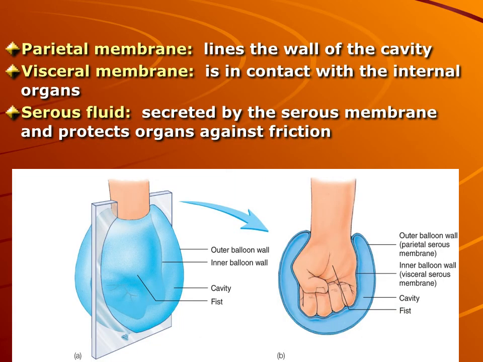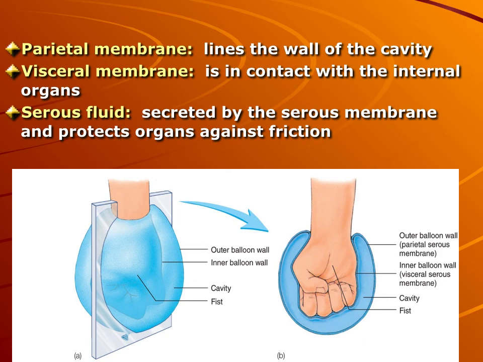All these cavities are lined with membranes, thin layers of tissue that are protecting the surfaces of the organ. They're so thin they're like the skin of a balloon. And these membranes line the organ and line the cavity walls itself. And so parietal membranes are the ones that line the cavity, and visceral membranes contact the organs.